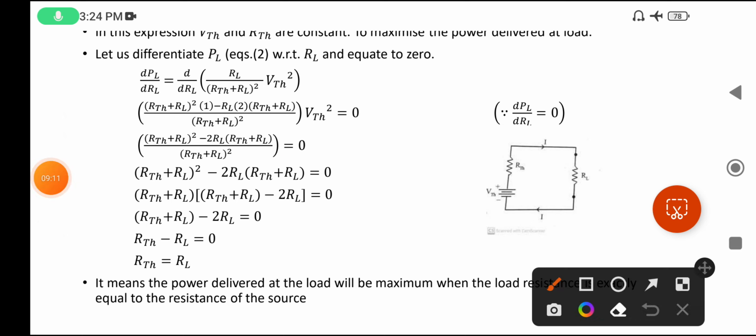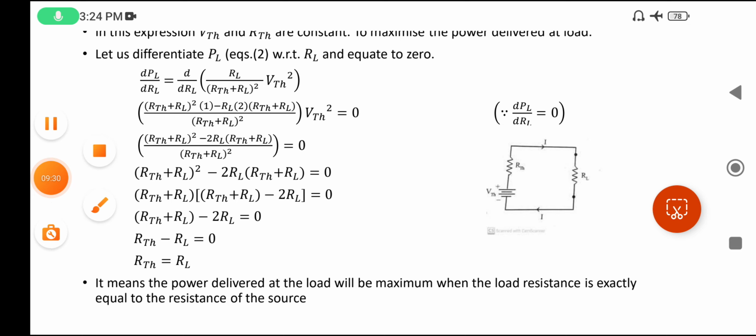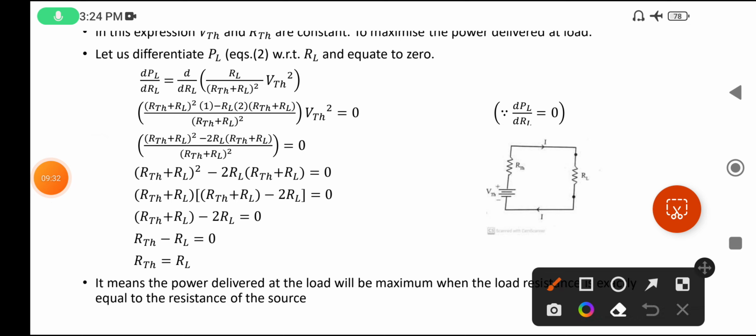Okay friends. In the U by V method, first write U as it is, V as it is, and differentiate RL with respect to RL, which is 1. Minus, next keep RL as it is and differentiate V. V is already in the power, so R Thevenin plus RL whole square becomes 2 into RL plus R Thevenin.